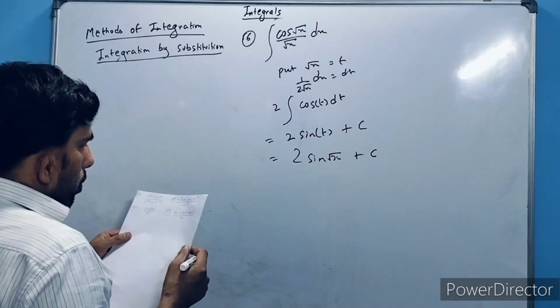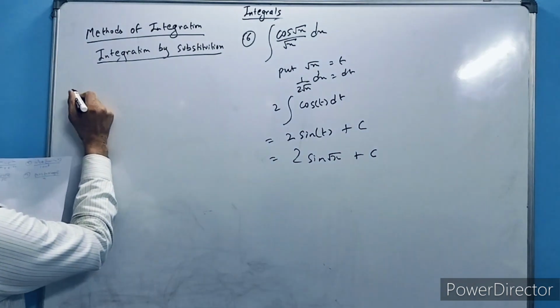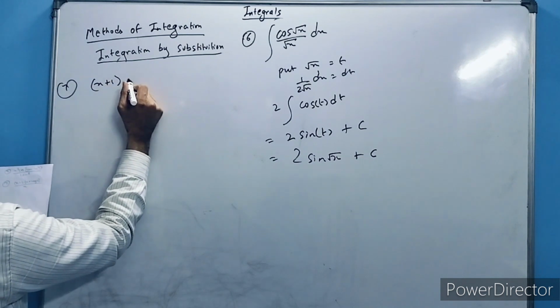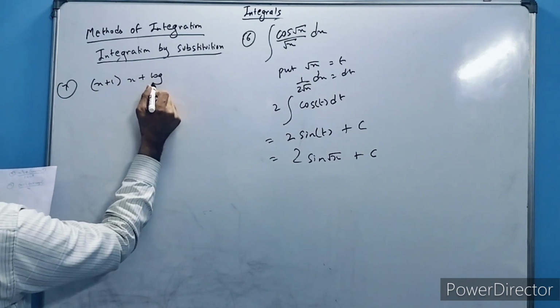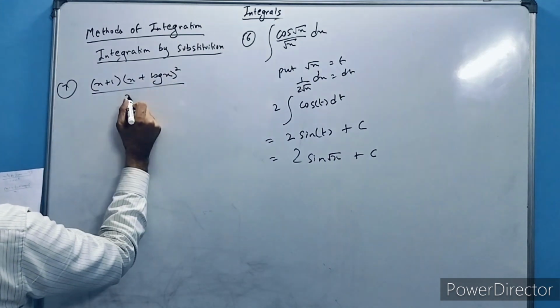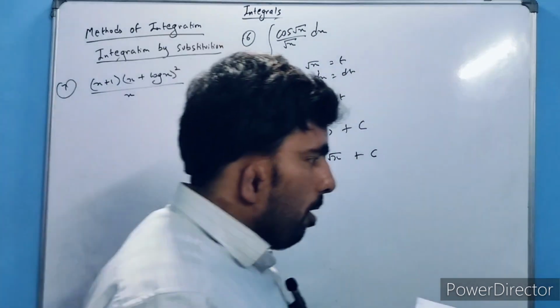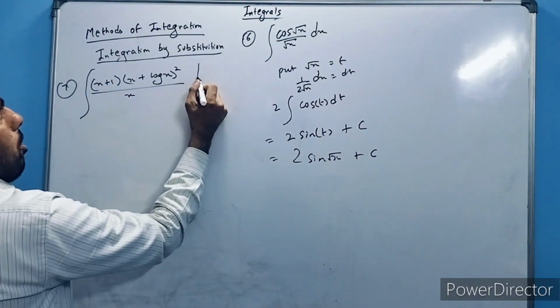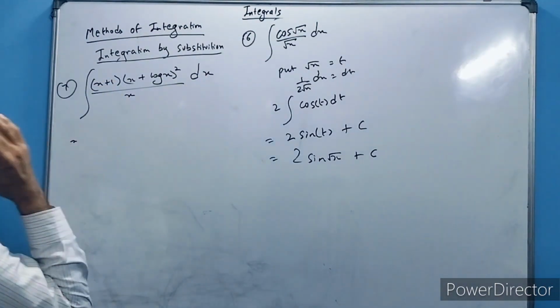Okay, so now we have the next numerical, that is (x plus 1)(x plus log x) whole square upon x. So now let us see how I can solve such kind of numerical.